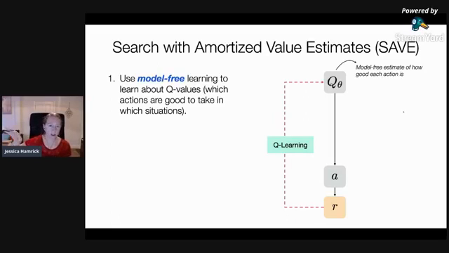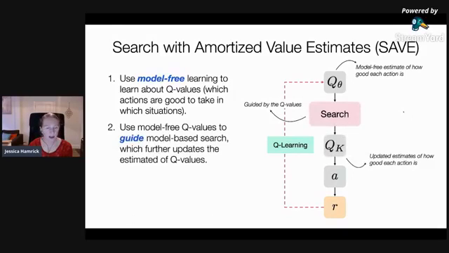We have a Q function that produces actions. We send those actions to the world. We get some reward. Then we perform Q learning with those rewards in order to update the Q function so that it can give us better actions. What we're going to do, the sort of departs from this, is to now incorporate this process of search. So we take our Q function and we use that to guide a process of search, which then produces updated Q values that we can then use to select our action.